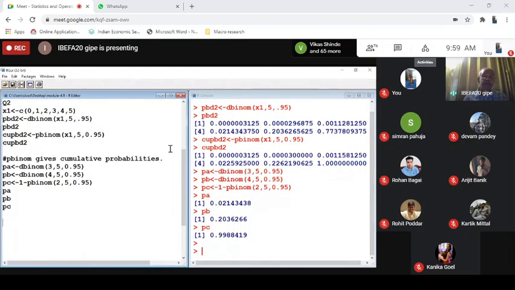D binom and P binom are the two functions I have used. And for 3 or more drills being perfect, it is 1 minus up to 2.